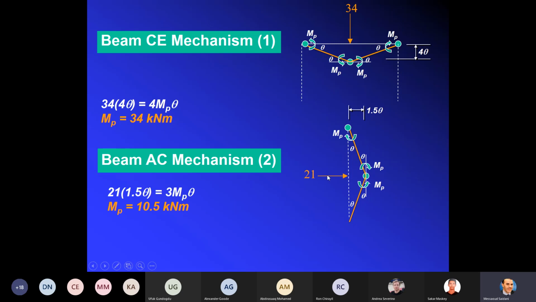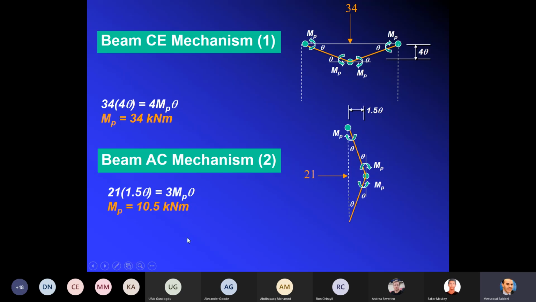So we have 21, that's the load, times the displacement 1.5 theta, because the distance from A to B is 1.5 meters, and from B to C is 1.5 meters. It's symmetrical, and the load is at midspan. So we have 21 times 1.5 theta equals MP theta and MP theta here, plus MP theta at C, so that's 3 MP theta.